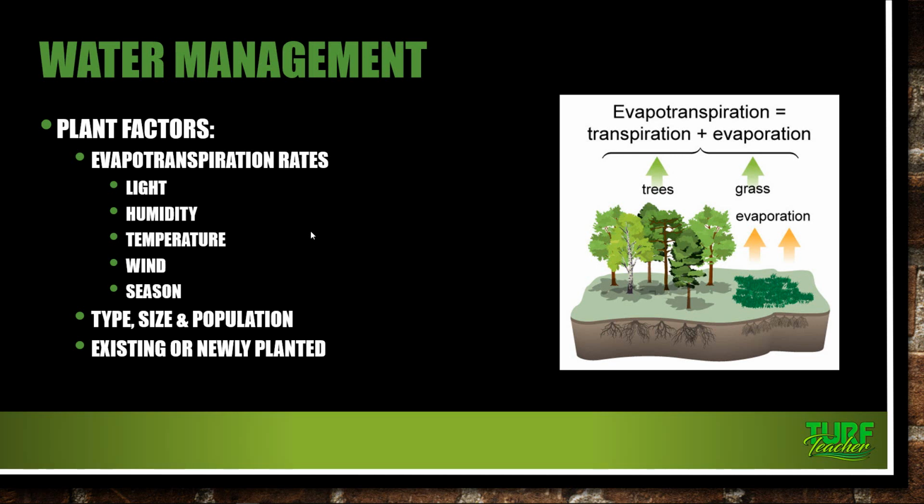Also in this course, guys, I will put up a link to the Environmental Protection Agency's WaterSense website. I want you to study it, and actually type in your zip code and see what your evapotranspiration rate is.